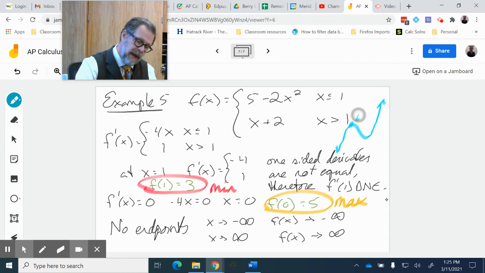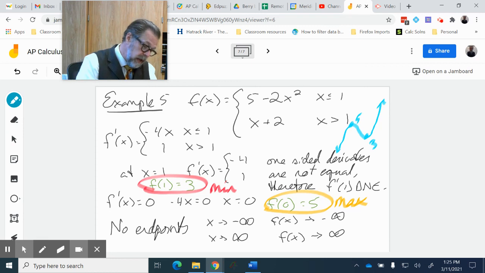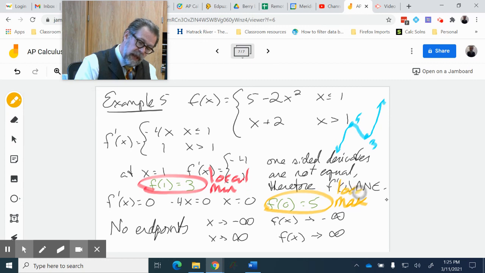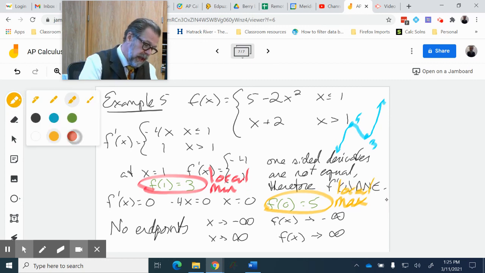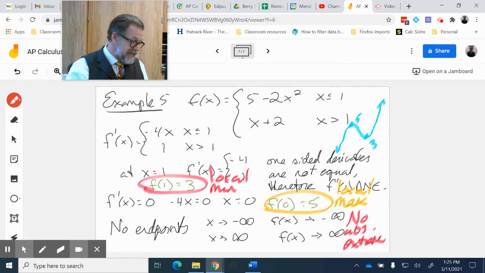Well, that has to be 5, and this has to be 3, because it wouldn't make sense otherwise. So I've got local max, local min. Let's add the words local min and local max, and we notice that we have no absolute extreme values. All right, I'm going to stop there.